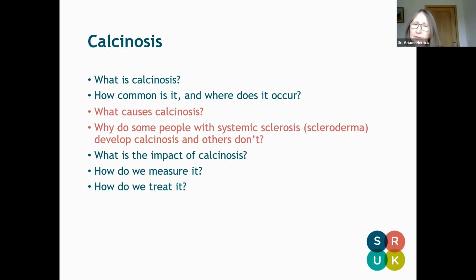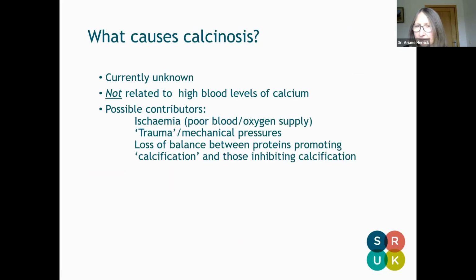So now we move on to reasons for having calcinosis and why some people get calcinosis and others don't. Well, unfortunately, we still don't really know what causes calcinosis. There are a lot of different theories, which I'll go through in a minute, but I think it's important to say that it's not related to high blood levels of calcium.